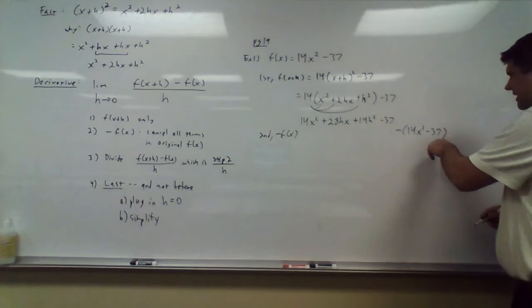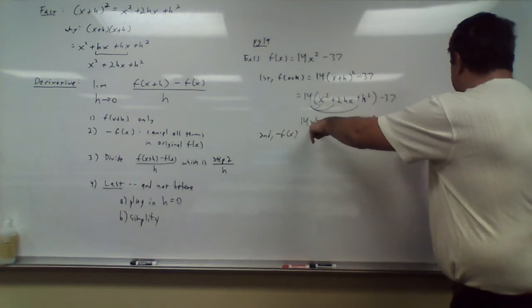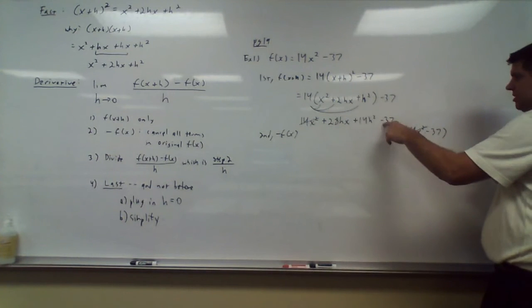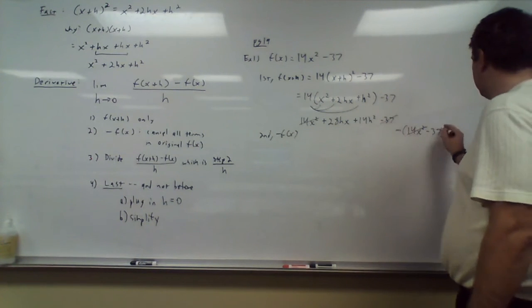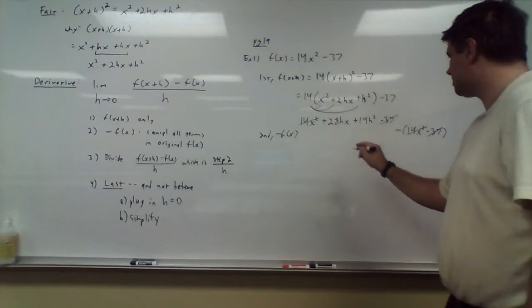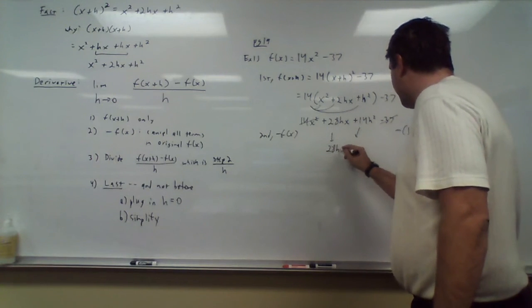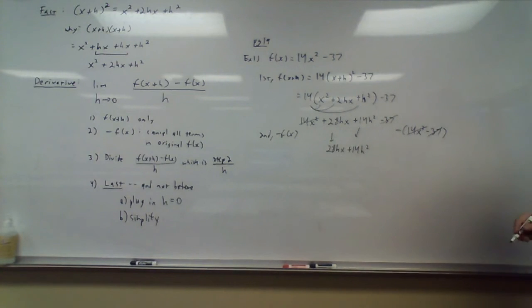And again, these are going to cancel against their counterparts. 14x squared is subtracted from 14x squared. That's going to cancel. Minus 37, minus another minus 37. Subtracting something from itself, these will cancel. So my surviving terms will be these two: 28hx plus 14h squared. Okay?